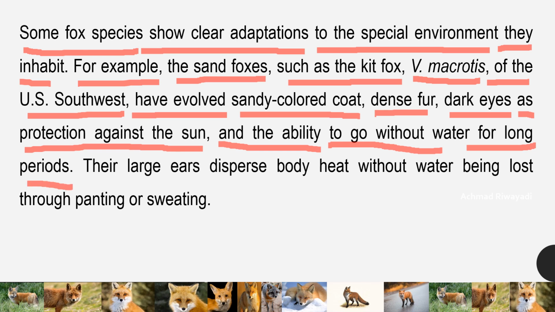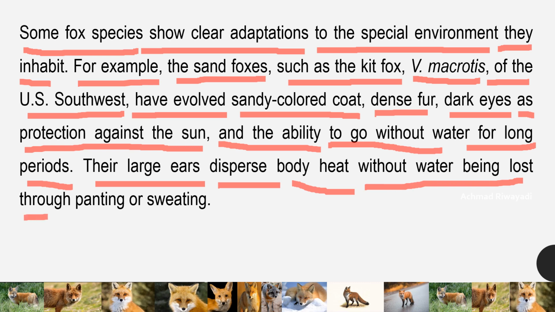And their large ears disperse body heat without water being lost through panting or sweating. Telinganya yang lebar menghilangkan panas tubuhnya tanpa kehilangan air ketika sedang terengah-engah atau berkeringat.